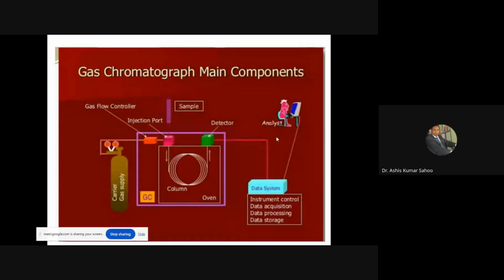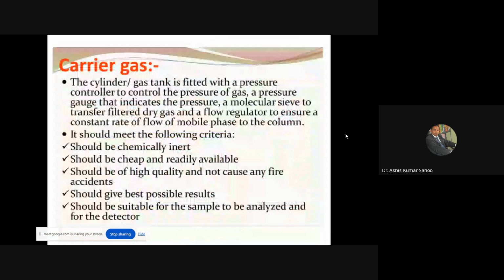By using the detector, you can see the spectrum and separation of different compounds. The carrier gas cylinder is fitted with a pressure control to control the pressure of the gas, and a pressure gauge that indicates the pressure, and a molecular sieve. So these are the different parts.